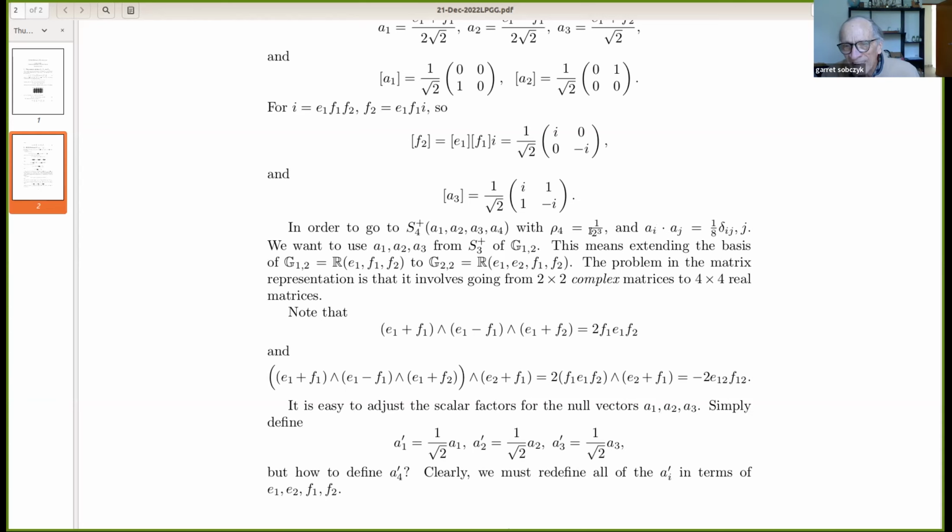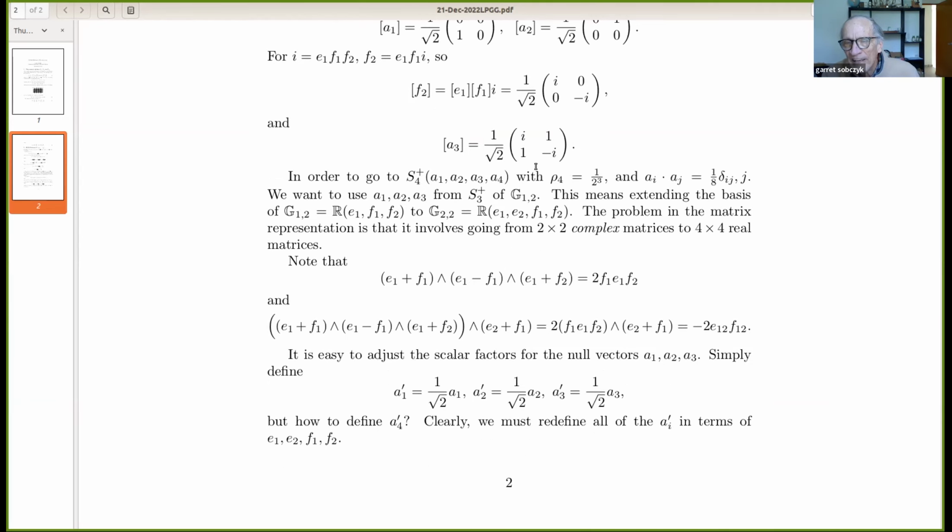But in the process, we have to go from 2x2 matrices to 4x4 matrices. And actually, there is a problem here. I haven't solved the problem yet, which is why I'm trying to clarify exactly what that problem is.